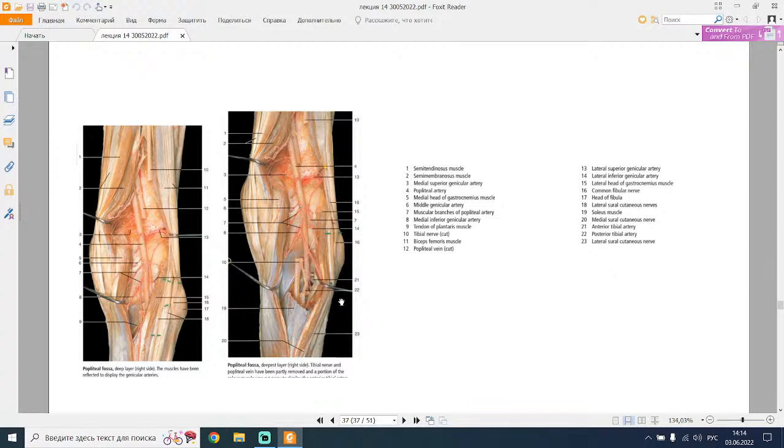This is arteria tibialis posterior, and arteria tibialis anterior. Arteria poplitea divides into two arteries, arteria tibialis posterior and arteria tibialis anterior.